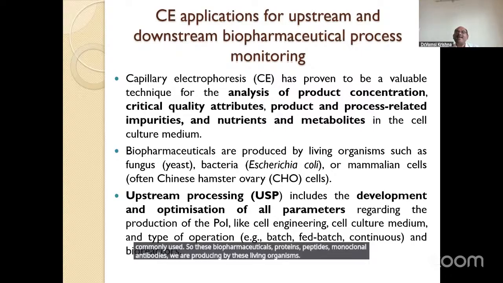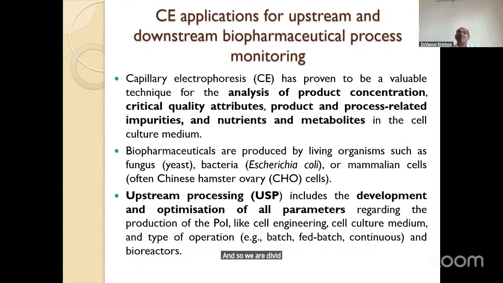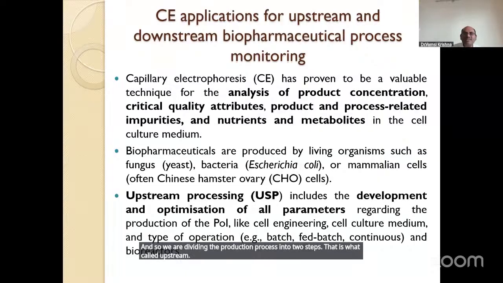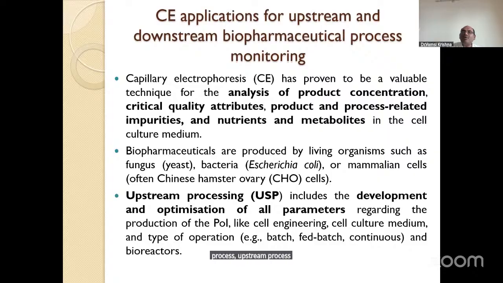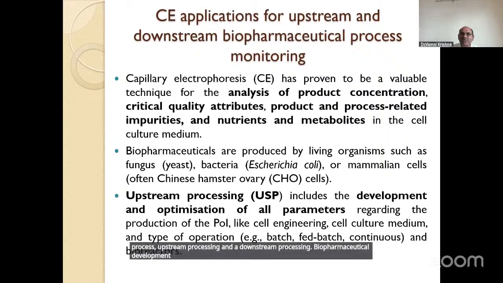We divide the production process into two steps, called upstream processing and downstream processing. Biopharmaceutical development is divided into these two processes. So what are upstream processing and downstream processing?